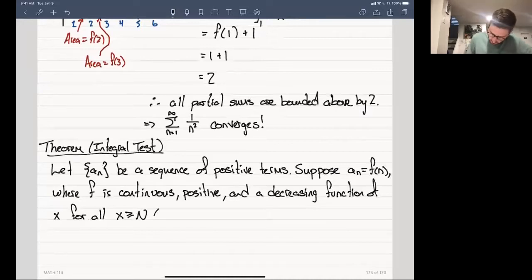And so n is a positive integer. We'll talk about where this comes in a moment, but let's keep writing this down.